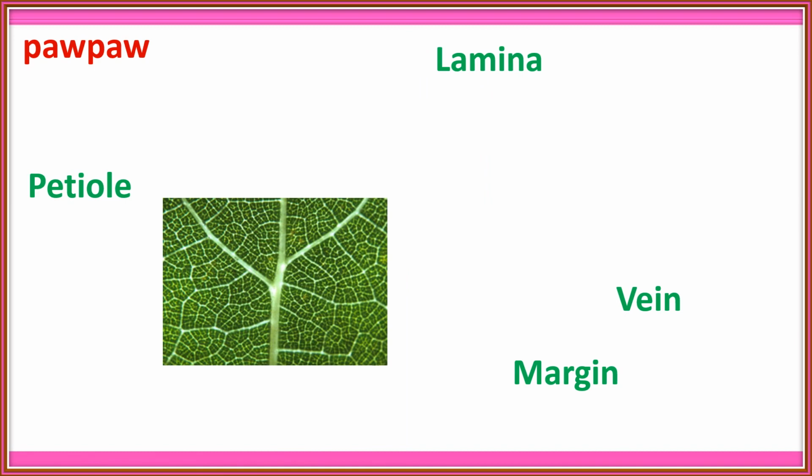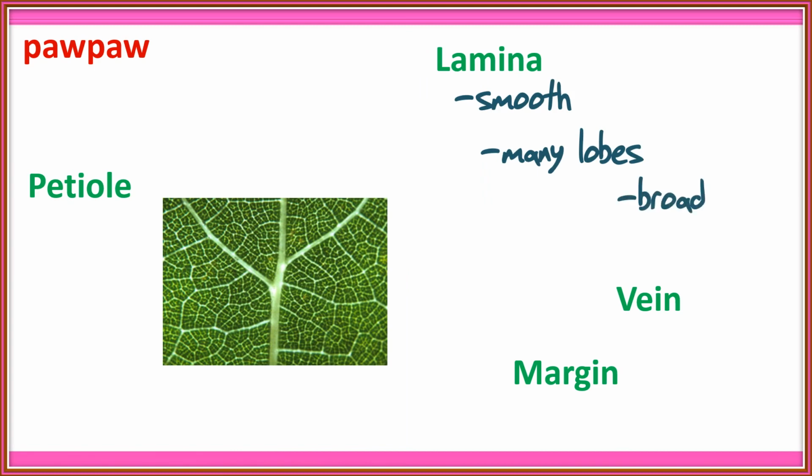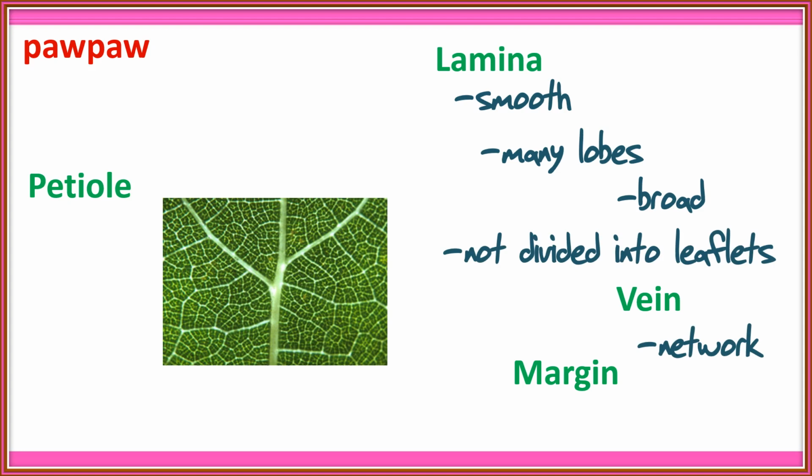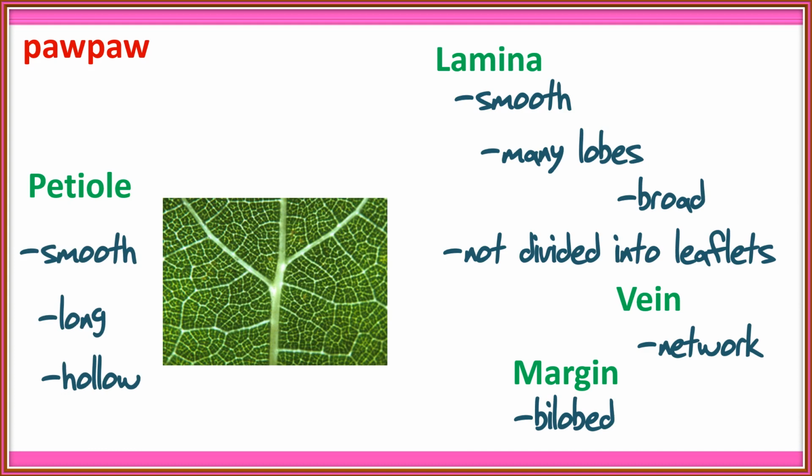We go to the pawpaw. The lamina is smooth. It has many lobes. It is broad, not divided into leaflets. The vein is network venation. The margin is bilobed. The petiole is smooth, long, and hollow.